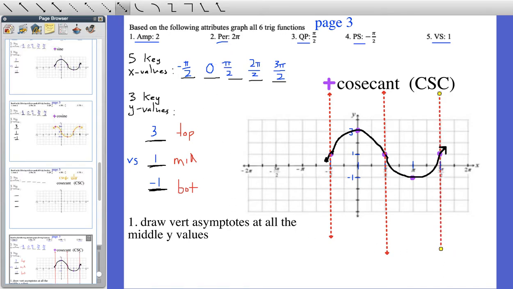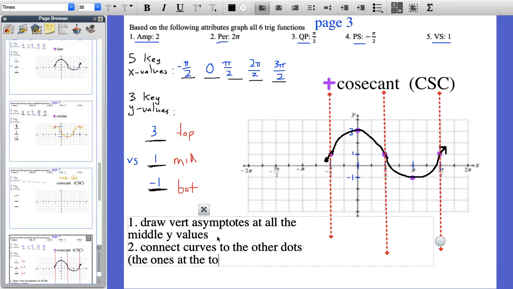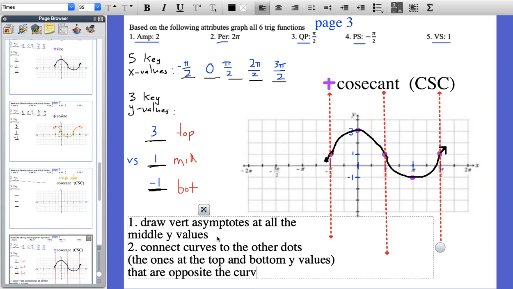And then the second step is to connect curves to the other dots, meaning the ones at the top and bottom y values, that are opposite the curvature of the sine graph.